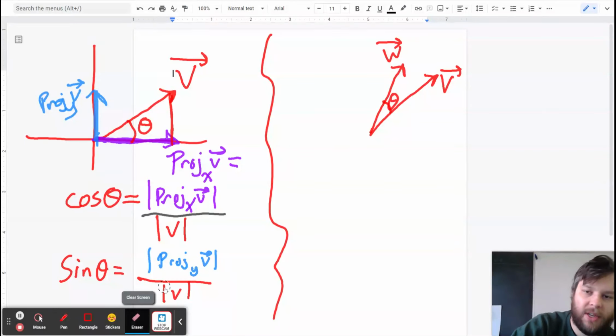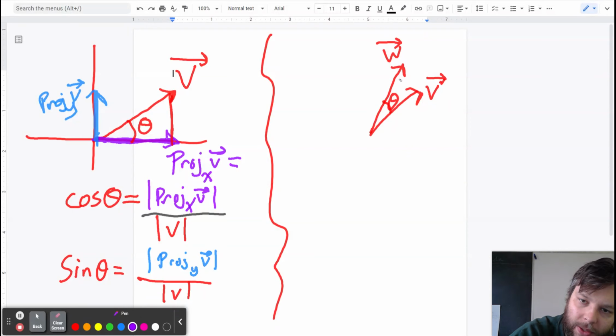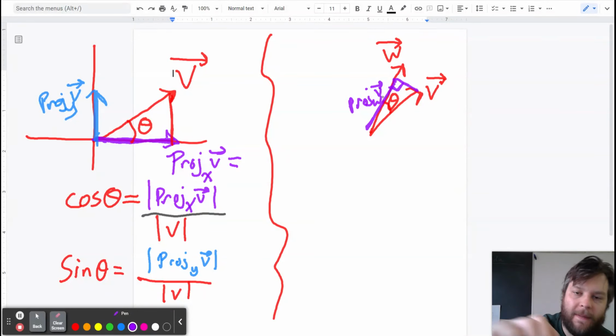I'm going to make vector v a little shorter just to make my picture nice. What is the projection of vector v onto vector w? And the way I can do that is I want to just create a right triangle. So this is a right angle here. Create a right triangle, and this is going to be the projection of v onto w.